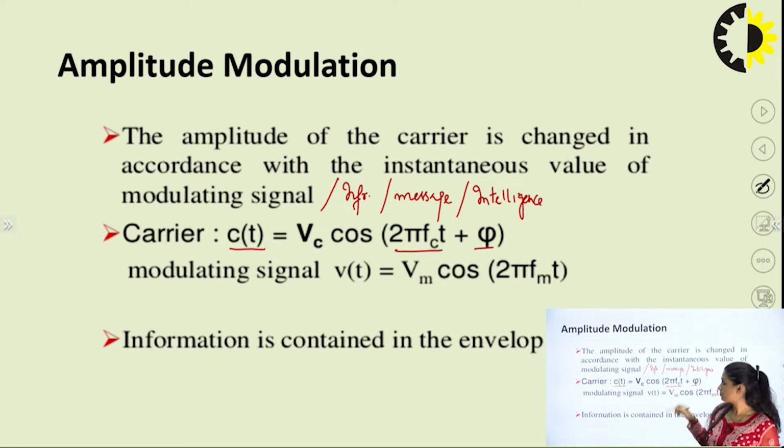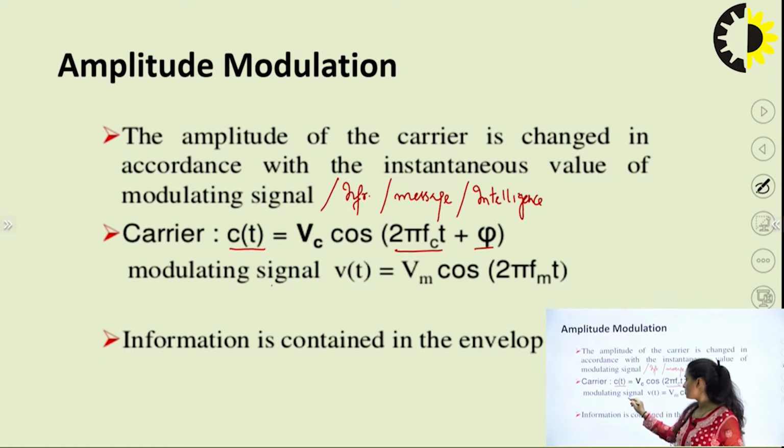We have elaborated the term omega here, omega is 2 pi fc. Vc here represents the amplitude of my carrier wave. As the wave I have considered is a cos wave, it will be cos of 2 pi fc t plus phi. This is the complete phase angle, where phi represents my phase deviation or phase variation. If it is not a pure cos wave, then there will be a little variation from the actual initial phase.